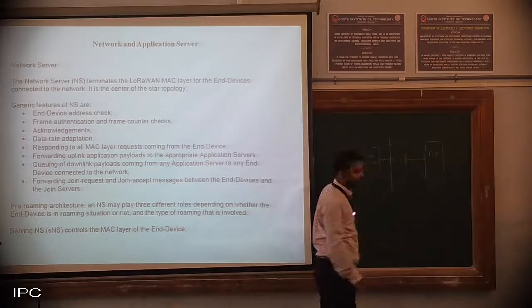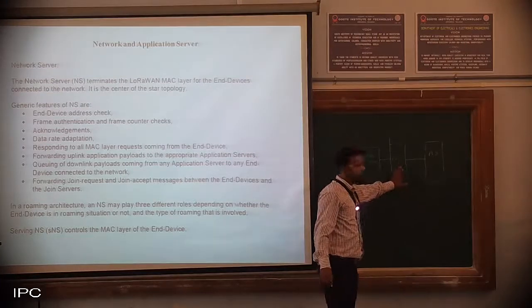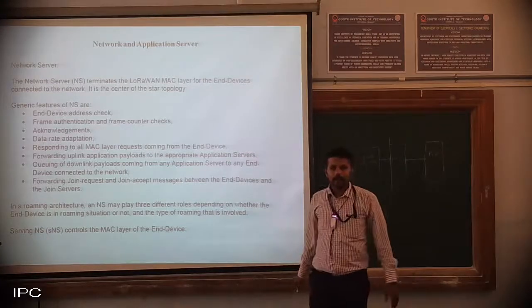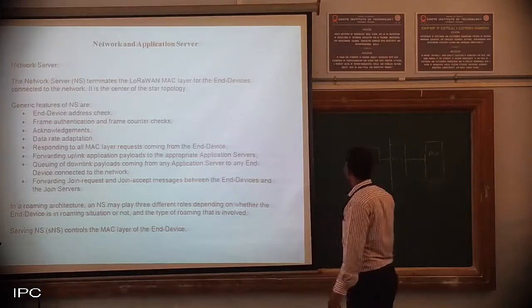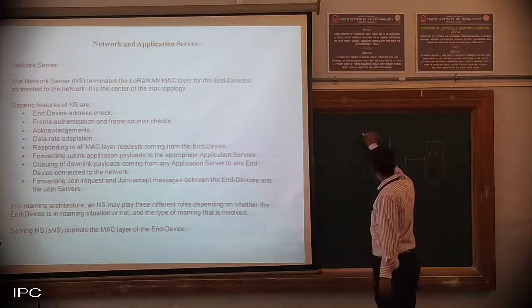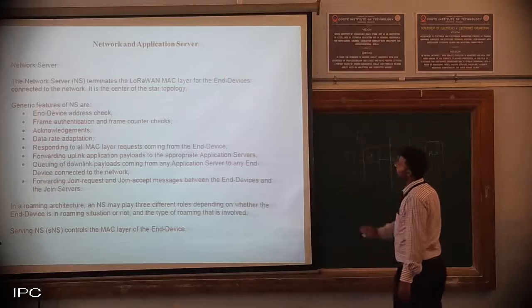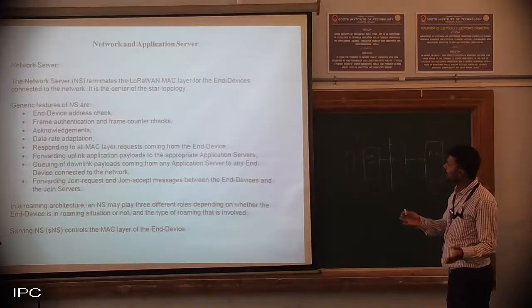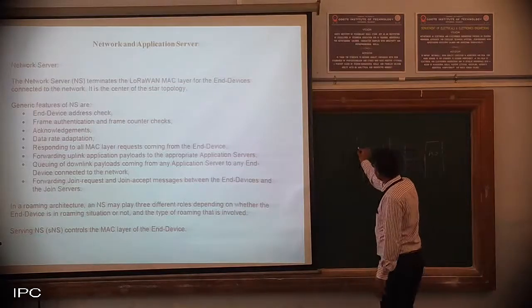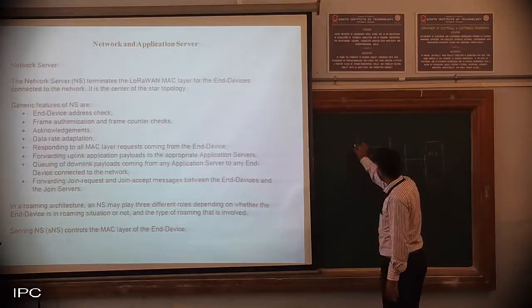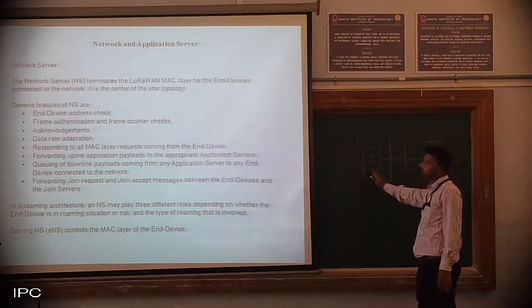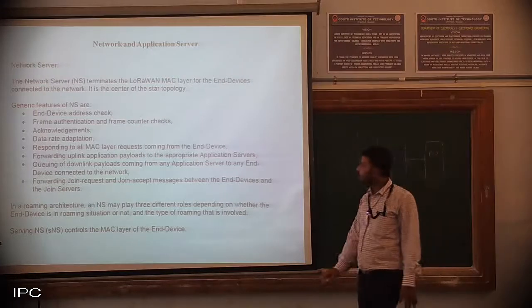That is the last point. So the network server is always at the center point of the star topology, and it terminates the LoRaWAN MAC layer, so it will not directly interact with the end device. It will interact only with the gateway. That is the meaning of that.